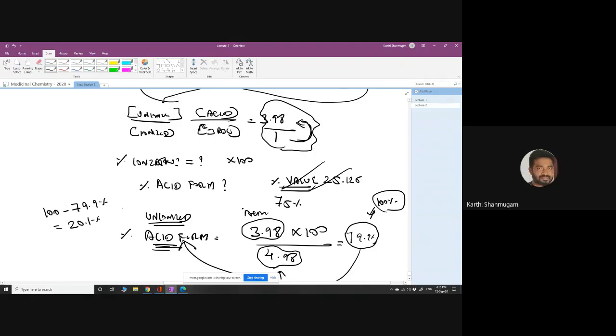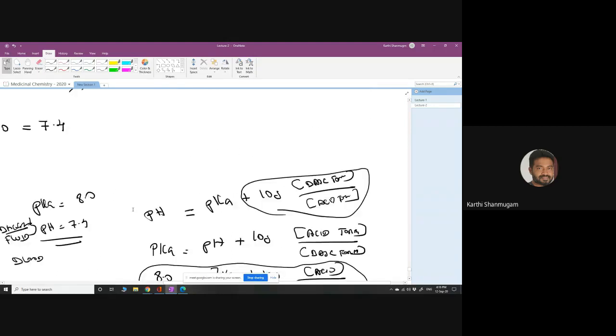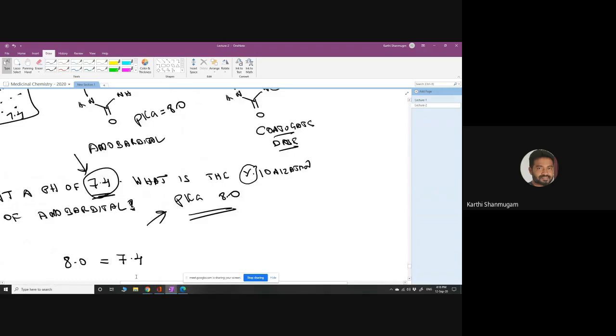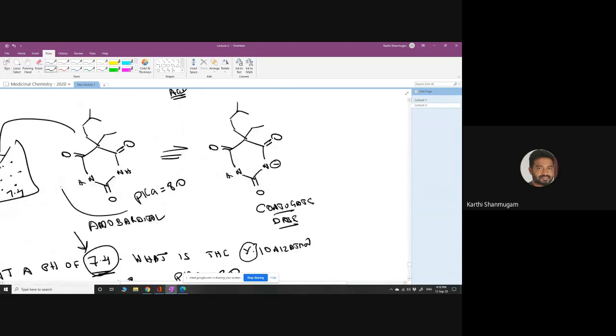Is it understandable? Coming to the application part: if you put this molecule in blood or plasma, how much percentage of the molecule will be in its ionized form, and how much in its unionized form?